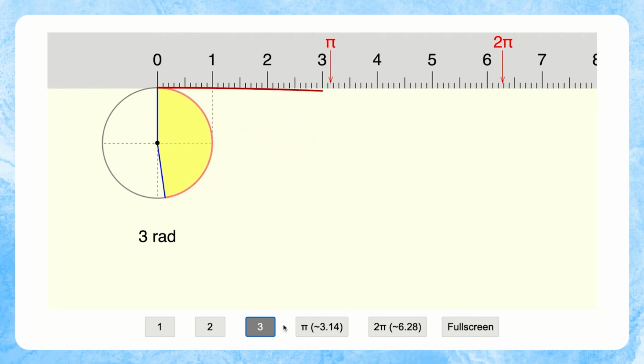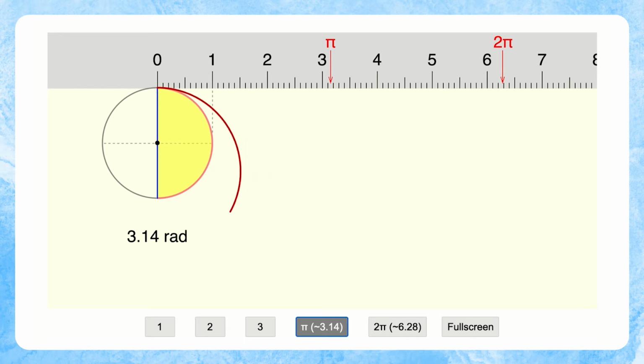So pi is approximately 3.14. And notice how if you have pi radians, you create an angle that wraps around half of the circle. So 1 pi radian equals the angle measure of going halfway around the circle.